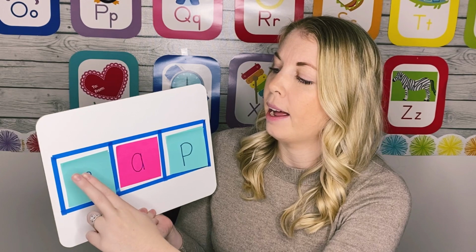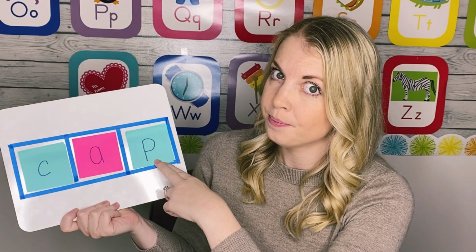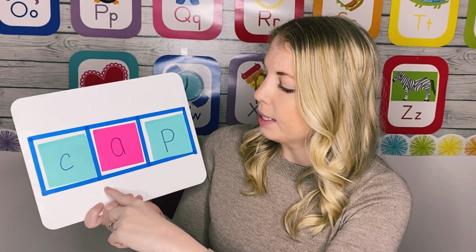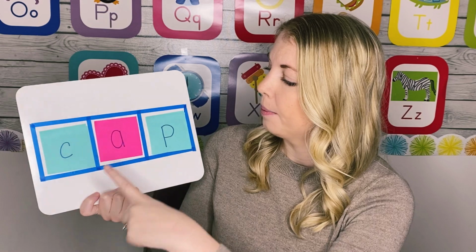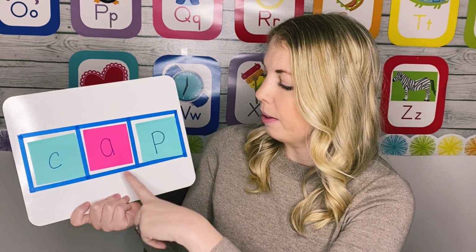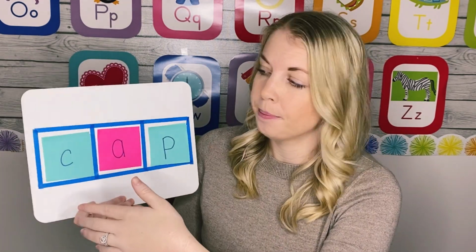Because when you move into digraphs, you would want to have the digraph in this first box or this last box. So they would sound out the words step by step. K, ap, cap. And so I usually have them point with their finger and then slide their finger across to blend.